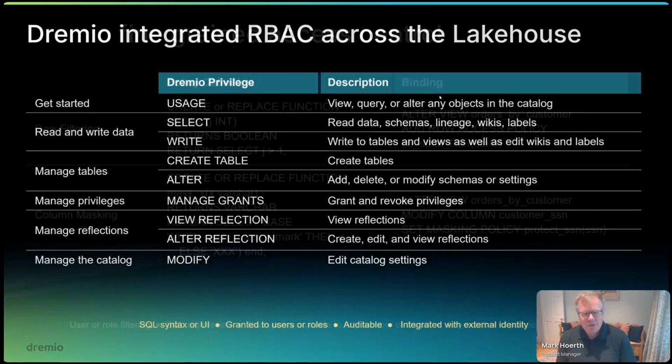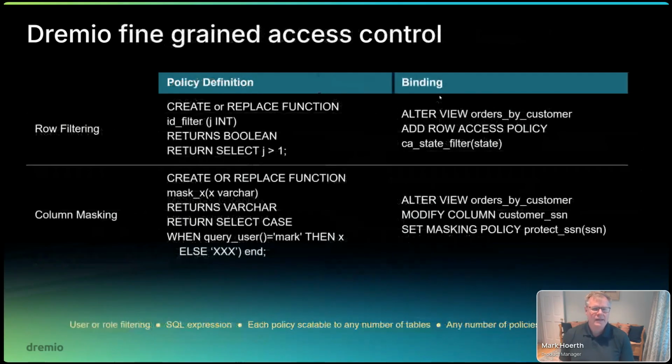Now, the demo I want to show you today is fine-grained access control, which is a hard to understand term because it's not immediately clear what's being referred to here, but this is control down to the row or column level. And so notice I've got two different rows here, one for row filtering and one for column masking.